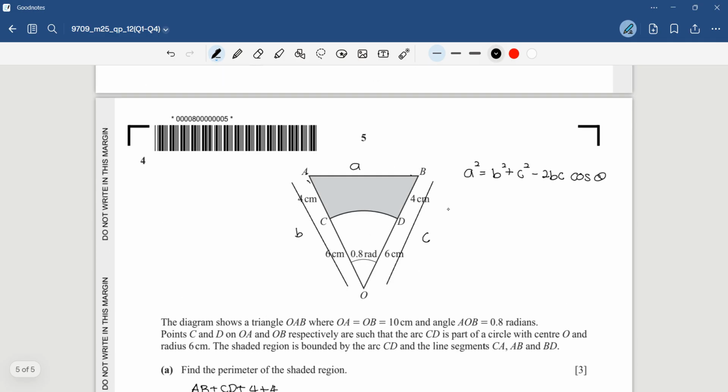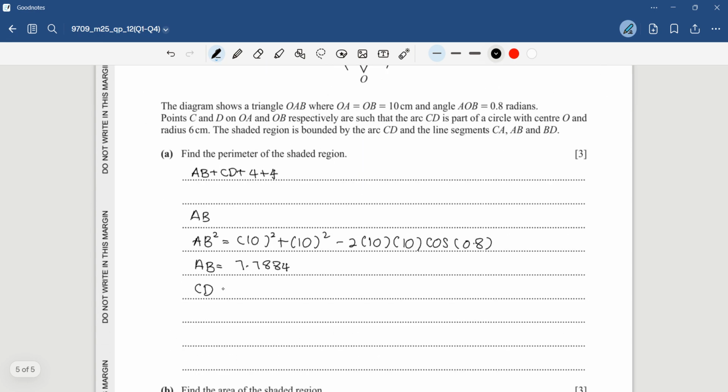And then for CD, it's very simple. Your CD is an arc, s equals r theta, where r equals 6, theta equals 0.8. So it's going to be 6 times 0.8, so we'll get 4.8.